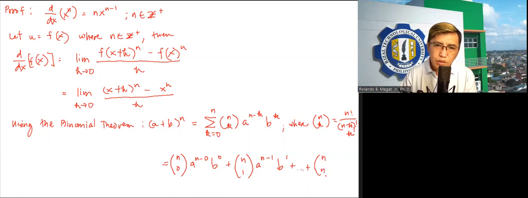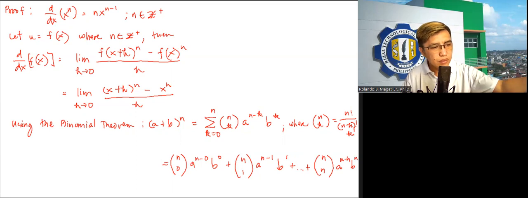Then, dumating yung point of time that k is equal to n. What we have is a raised to n minus n and b to the n. So, mahaba-haba ito eh.